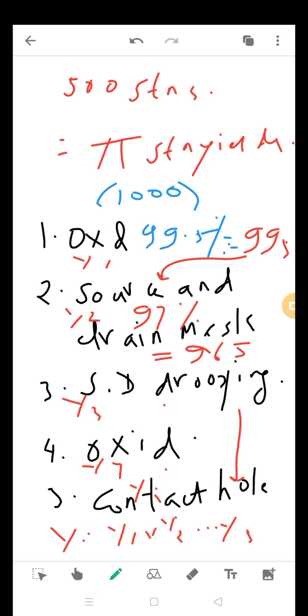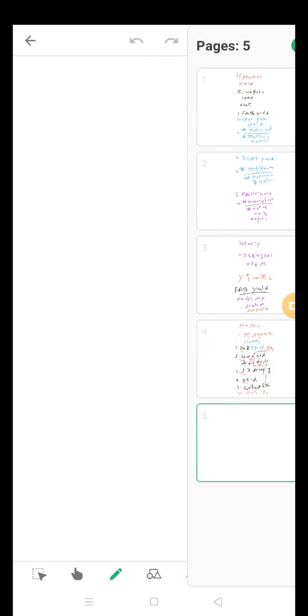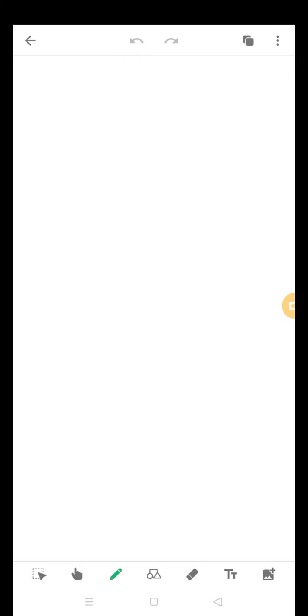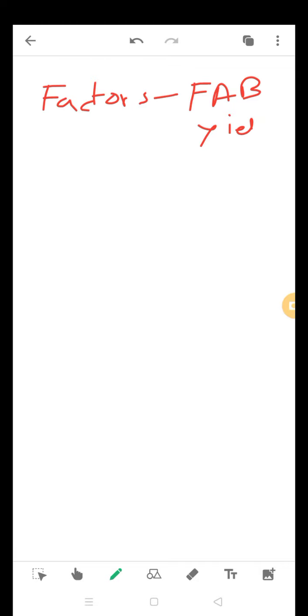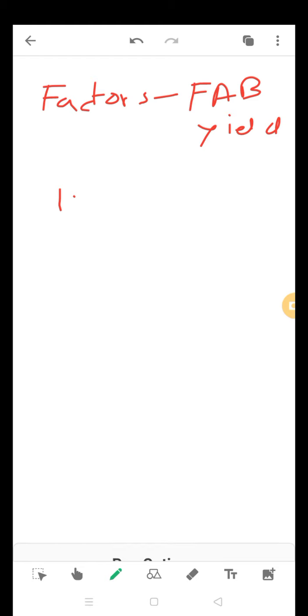Now what are the factors that will govern this fabrication yield? There are basically 5 factors for fab yield. First of all is the number of process steps involved in the fabrication process.